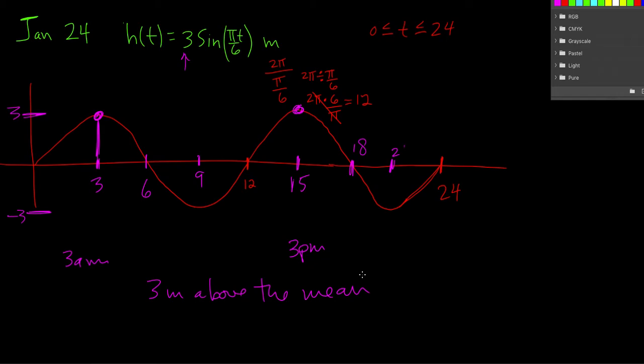Okay, so now C, what is the height of the tide at 2 p.m.? So on our graph, 2 p.m. right here would be 14.